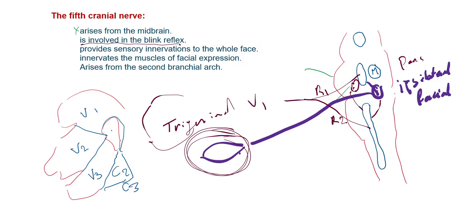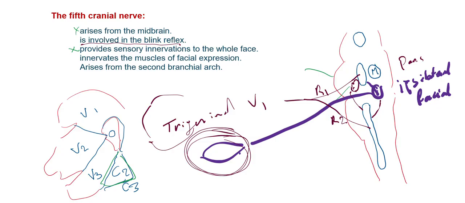And Arnold's nerve from the facial is supplying the external auditory meatus. So this is not correct. It's not providing sensory innervation to the whole face. There is an exception here, the angle of the mandible.